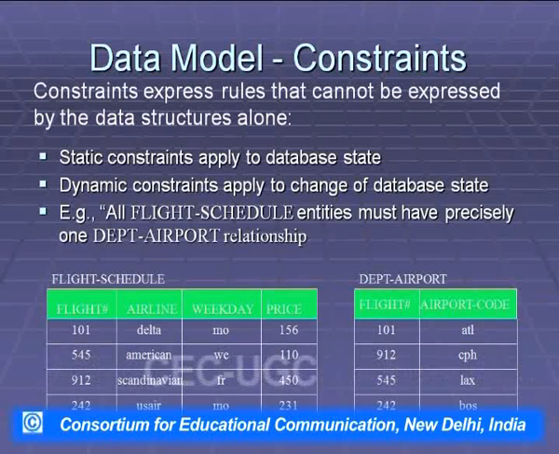Example: every flight schedule entity must have precisely one departure airport relationship. Here you can see the flight schedule, the same thing, departure airport. So you can see flight, airline, weekday and price, there is a relationship between them.